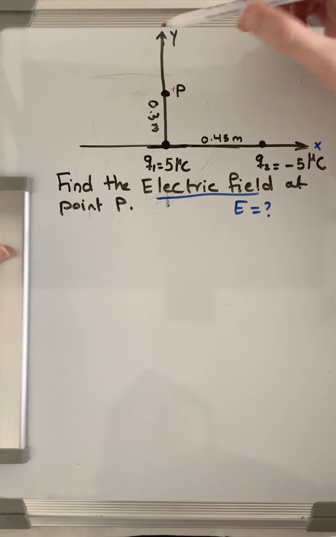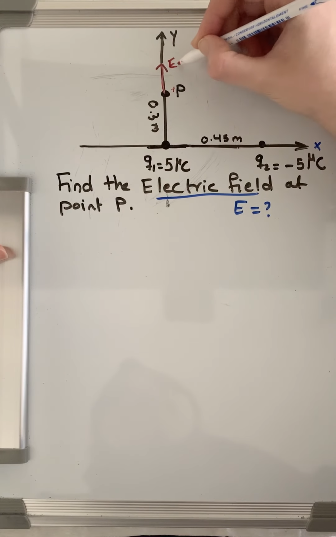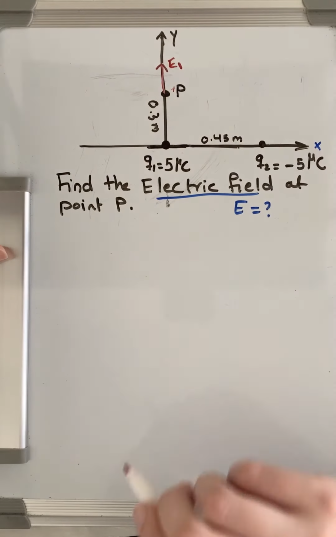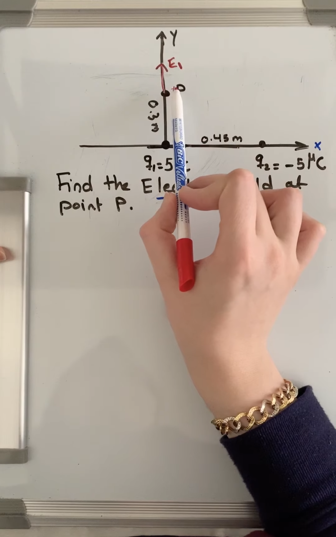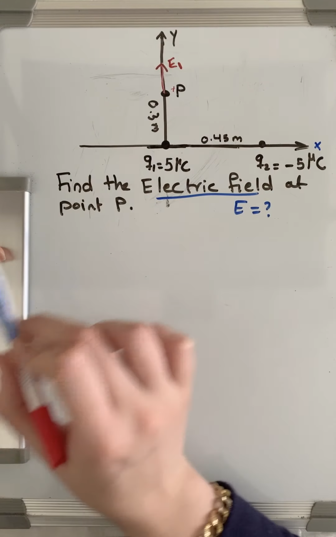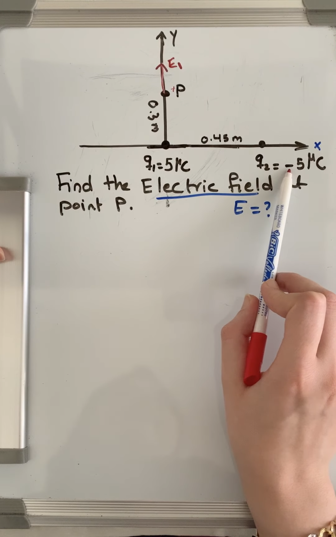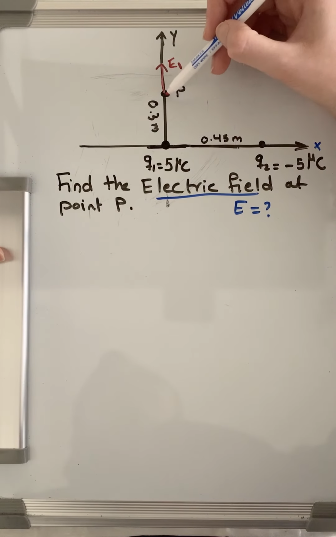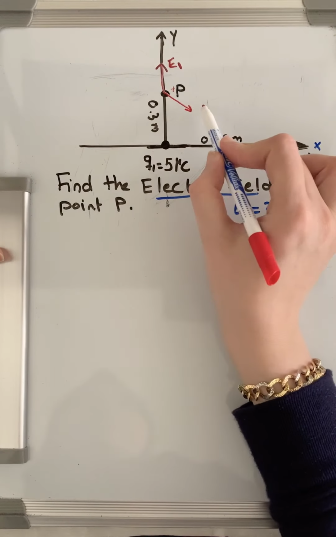Since both are positive, it will be repelled, and this is how I know the direction of E1. And if I place a positive test charge here, it will be attracted to Q2 since Q2 is negative. So E2 will be pointing toward Q2.